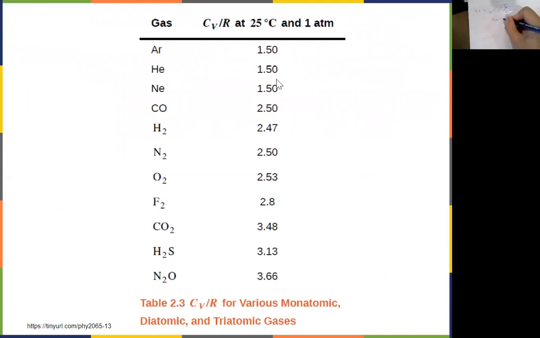That means 3/2 times R. It's CV divided by R, so it's 1.5, but multiplied by R. For CV of oxygen, that is 2.53, so you can use 2.53 times R. R is 8.31.